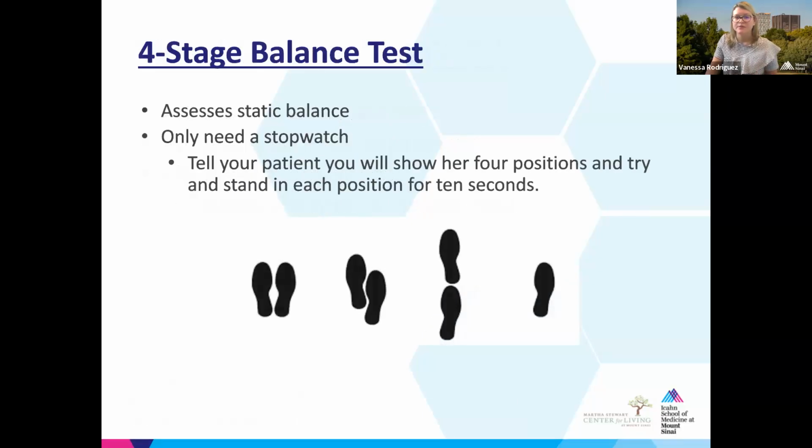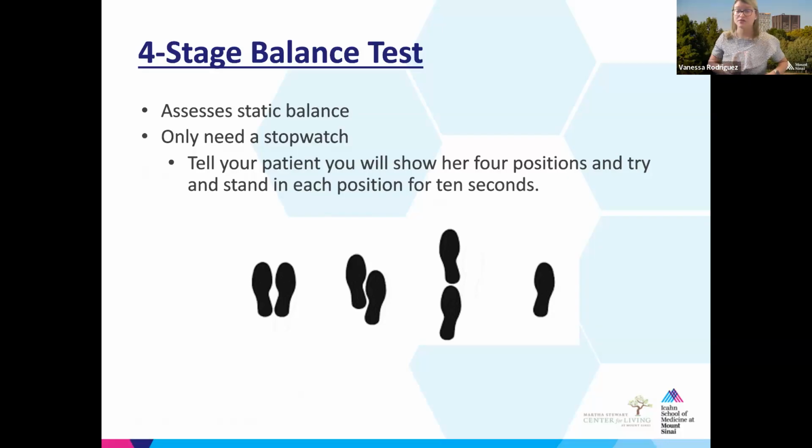Then we have the 4-stage balance test, which assesses static balance. You only need a stopwatch, very easy to do, very quick. All you have to do is have the person in front of you keep these positions for 10 seconds each. If the person can only do the first one and they're swiveling or about to lose their balance, you stop.